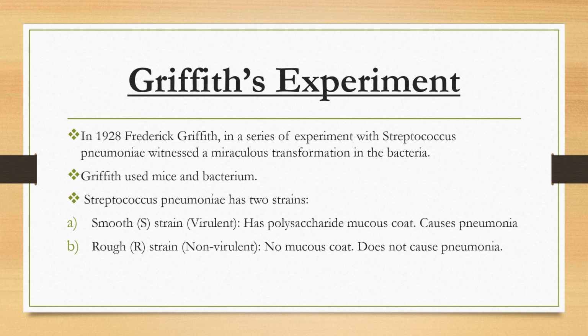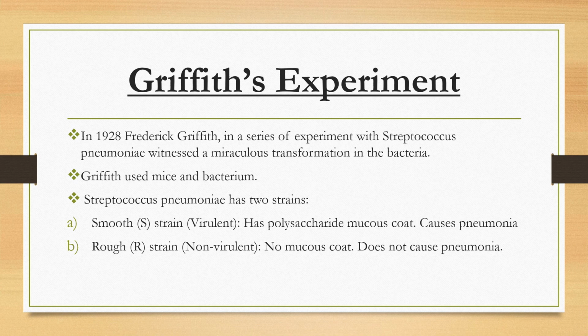So he selected this bacterium, and the results were miraculous, and he got the transformation in the bacteria. For the experiment he used two important things: one is mice and second is the bacterium Streptococcus pneumoniae.